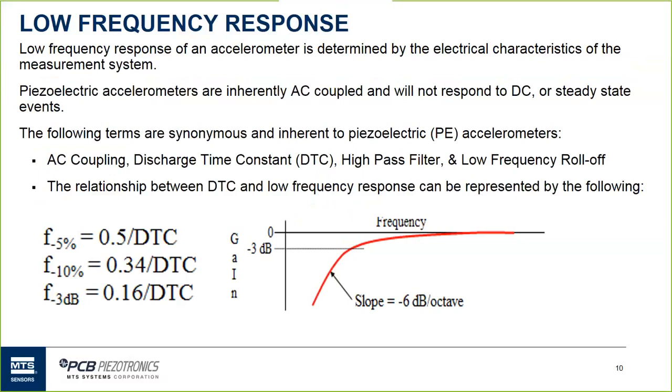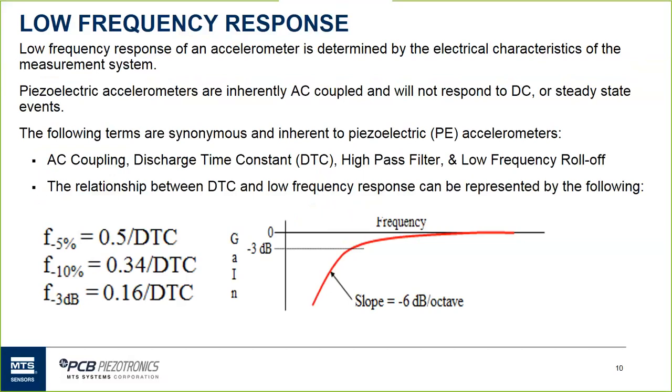But essentially, as a quick summary of this slide, low frequency response is governed by the electrical factors associated with the transducer, and those can be defined by the -5% as 0.5 divided by the DTC, which is a spec on the transducer specification sheet. And then, of course, 3 dB down would be 0.16 divided by DTC. So it gives you a feel for the low frequency response characteristics of an accelerometer.